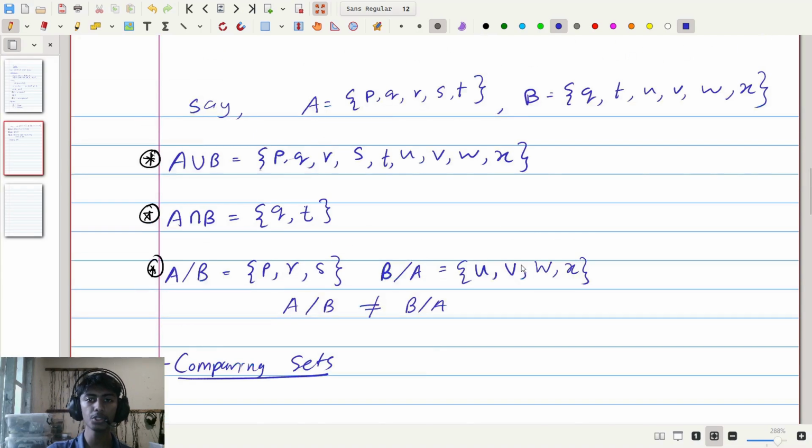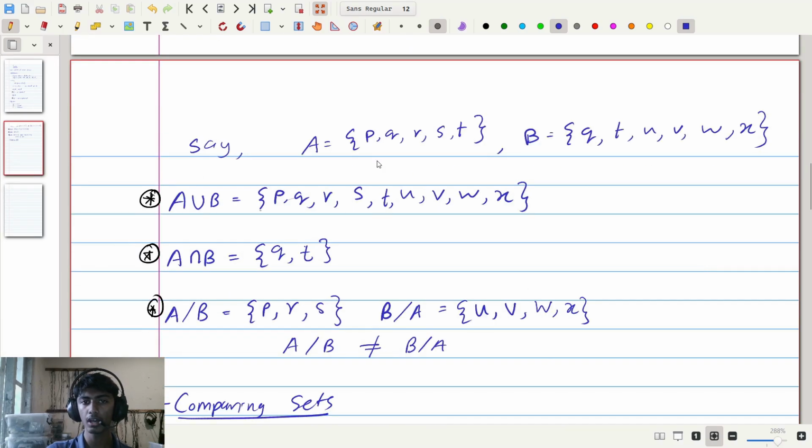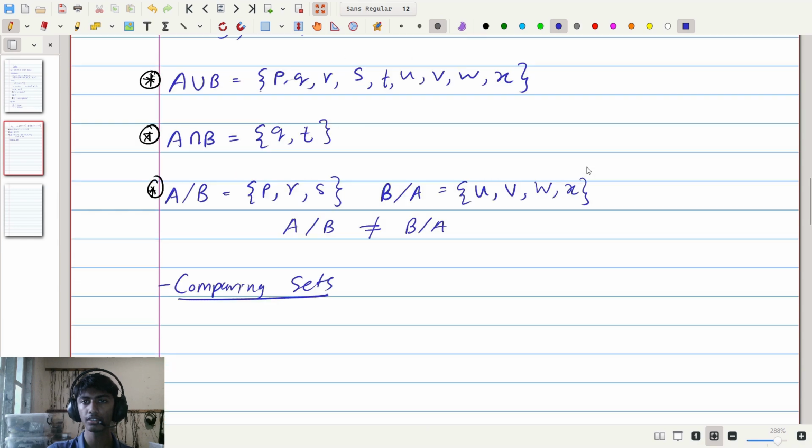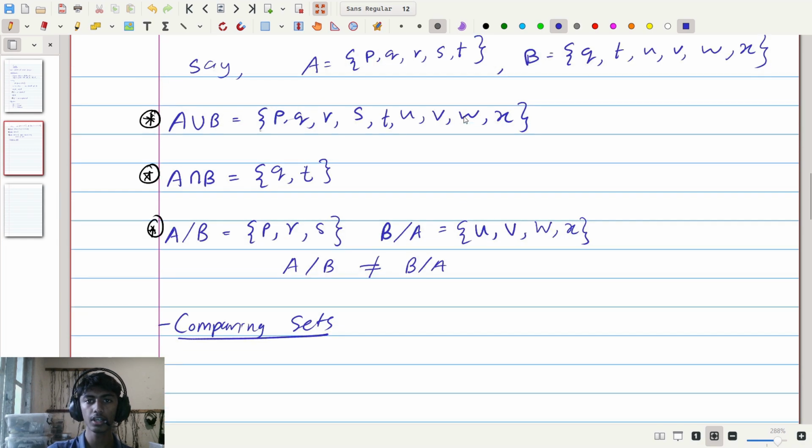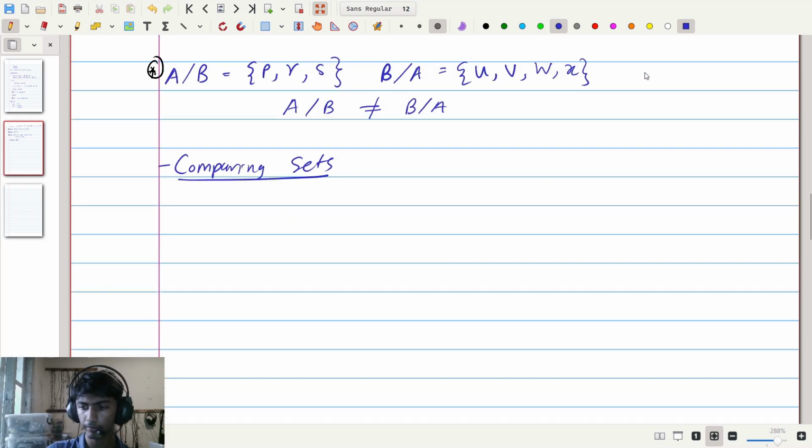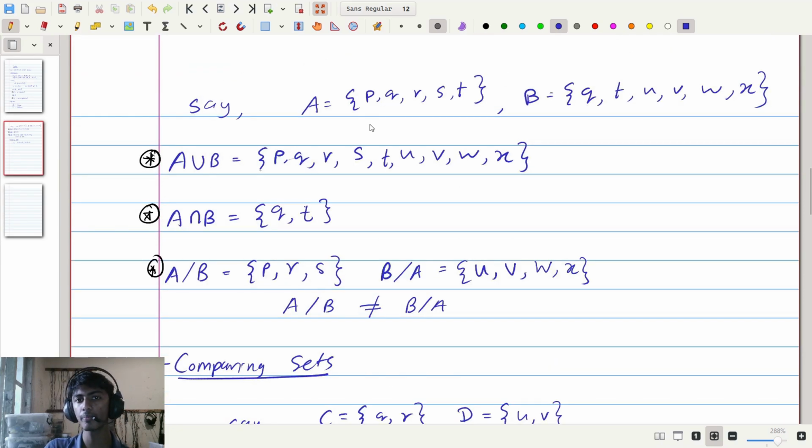Again, we'll continue to use the two sets A and B. And then we'll also define a third set C. We'll say that C is the set Q, R and D is the set U, V.